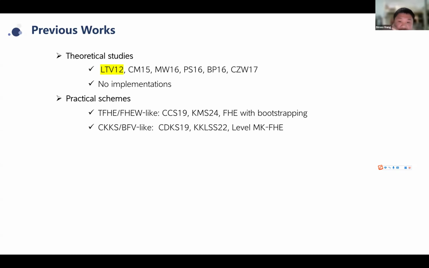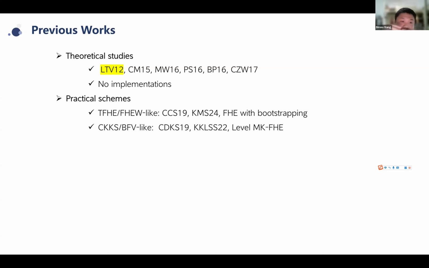Currently, most multi-key FHE schemes are based on LWE or ring LWE, and the majority are still theoretical results without code implementations. There are two types of practical schemes. One is the wordwise schemes, CKS and BFA, both native FHE.